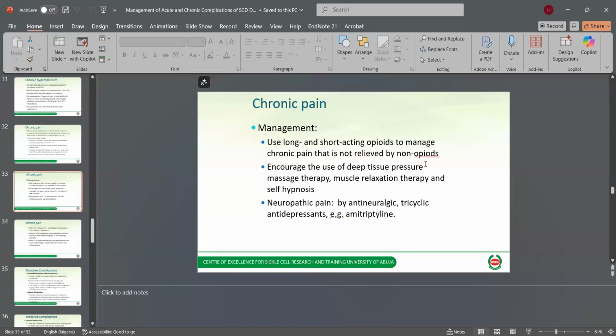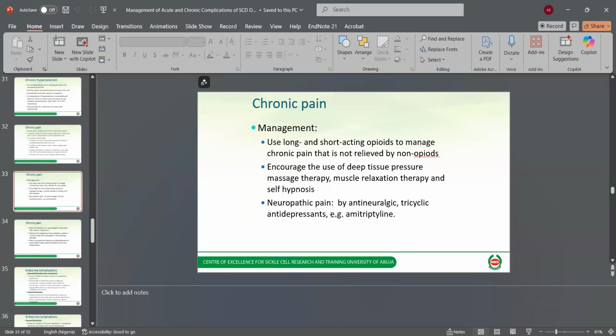For neuropathic pain, you treat with antineuralgic agents or tricyclic antidepressants, e.g. amitriptyline. So these are the modalities of treatment. There are also non-pharmacological treatments, like massage, self-hypnosis, and so on, that can be used to manage this pain.